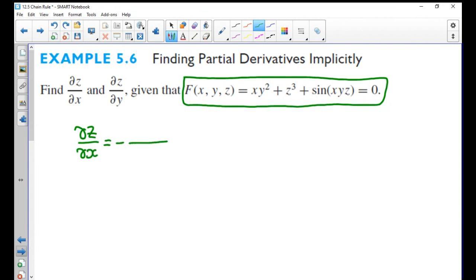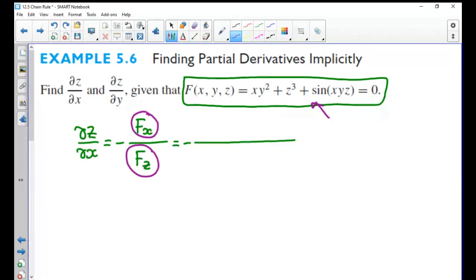The rule says that this will be minus f_x over f_z. So now we need to find these two things: the derivative of this function with respect to x, and we also need the derivative with respect to z. So let's differentiate the function f with respect to x. Can we have some answers here? What is f_x? Can you try?